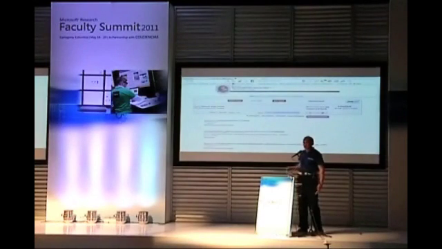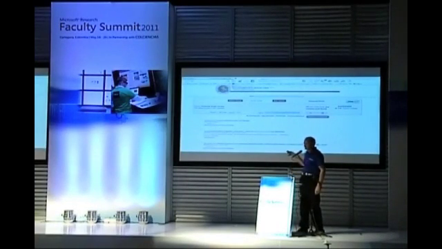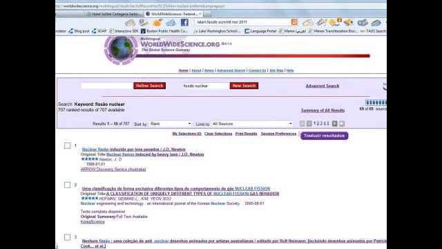And it collects all the results and ranks it in a single results list. Of course, I'm a Portuguese speaker, so I'm not understanding really the other language papers that are being presented here. So I say traducir resultados, and then I get the results in my language.